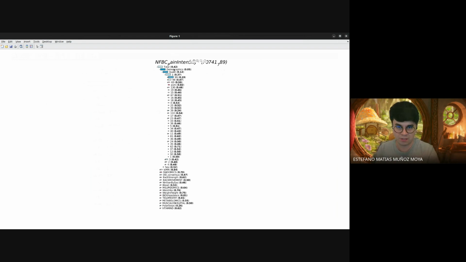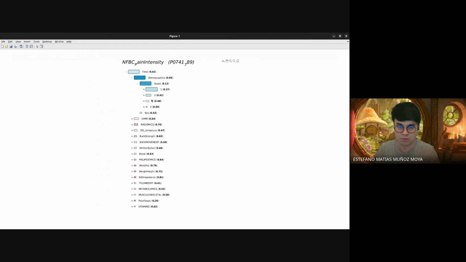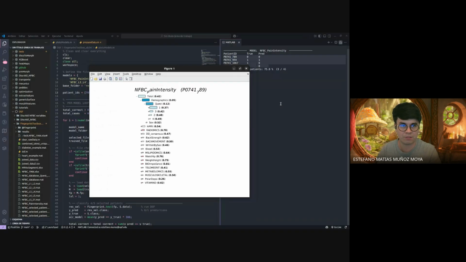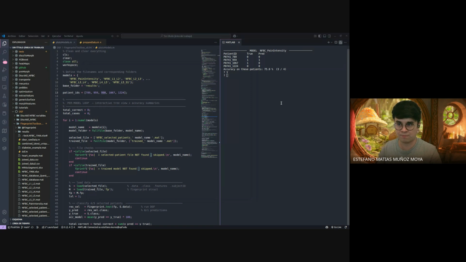In this case, it's the pain intensity, and the most important were the radiating pain, and the other ones, numbers 3 and 2, are related, for example, to whether the individual smokes and also had depression. They were the most important for the intensity, at least. So the most important were the pain in other sides of the body, the habits of the individual, and also the psychological traits. So here we can close this and continue with the next one.